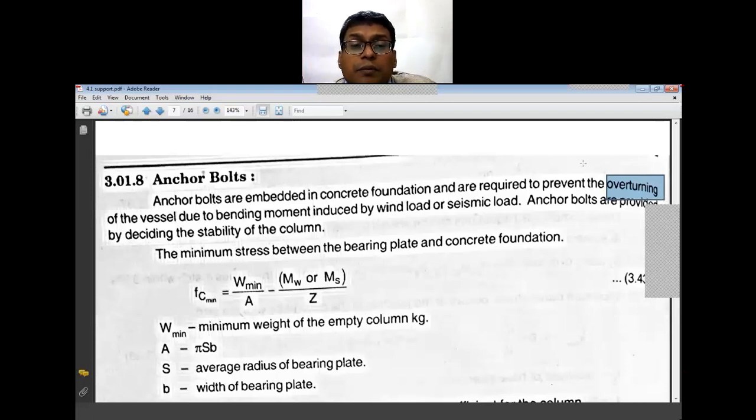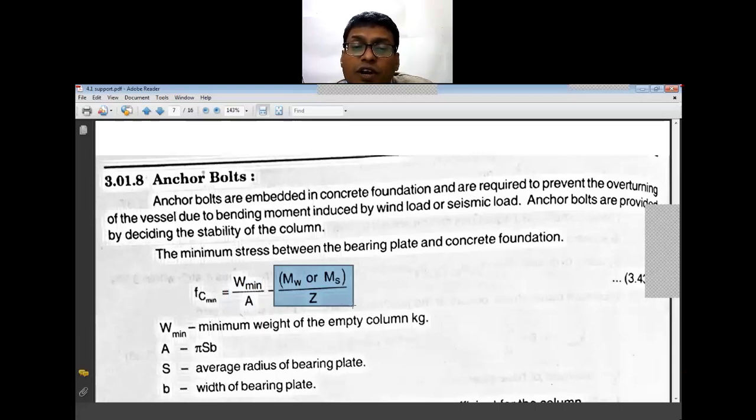So this is the minimum stress induced in the bearing plate, which we have taken as the minimum stress. The minimum stress is the total weight of the vessel upon the area, that is the stress because of the dead weight, minus the stress because of either the wind load or the seismic load, whichever is the higher one.